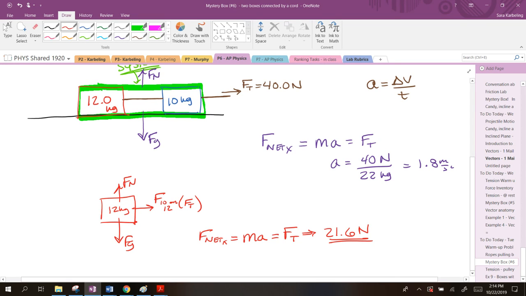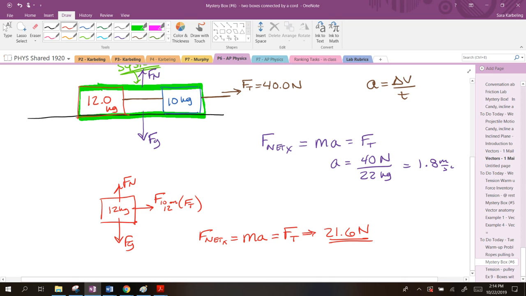I'm going to repeat what Eden said, and I'm going to add something to it. Is that okay? I'm not trying to point it out that way, but it's a very good question. She says, so when you're dealing with the 12 kilogram box, you don't have to factor in the 40 Newton force, and the answer is no. In fact, you don't want to, because the 40 Newton force is not acting on this box. Are you with me there?